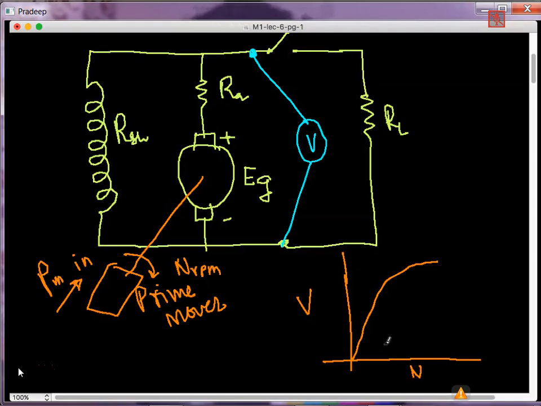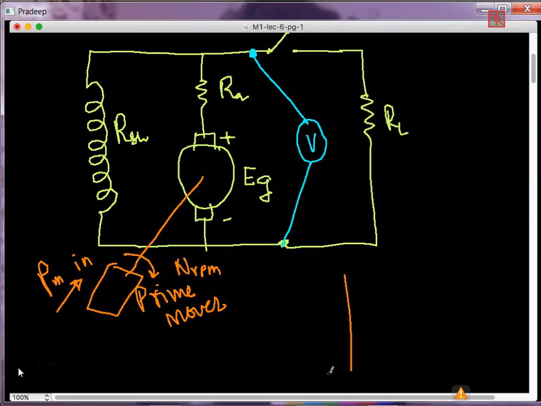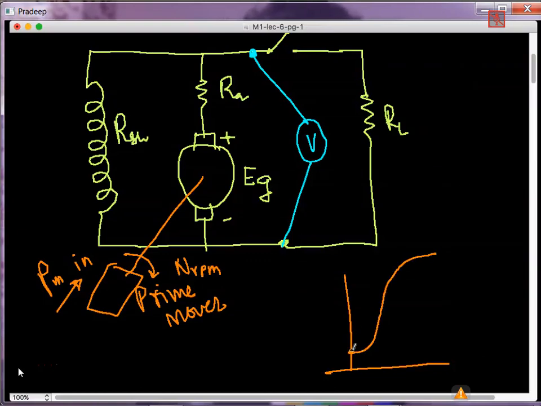I'm sorry, the initial part should not be like this. Initially itself, some voltage is there. Initially the voltage is less and there is no load. The moment you start rotating, there is some residual magnetism flux. Because of that, some voltage is generated.